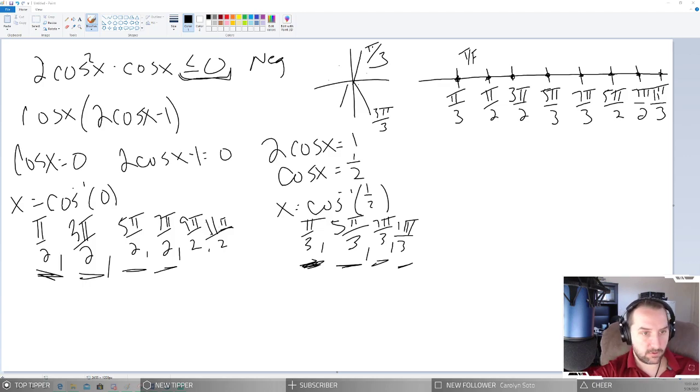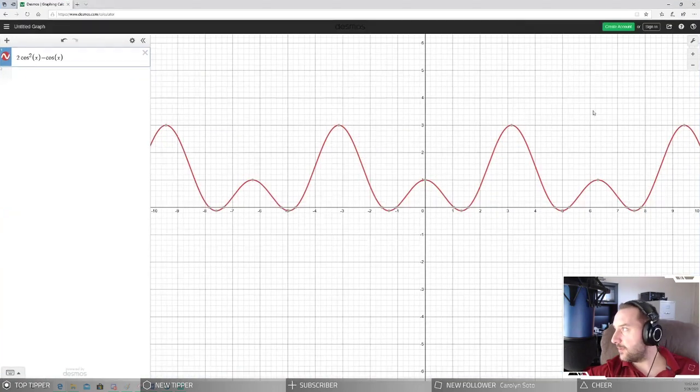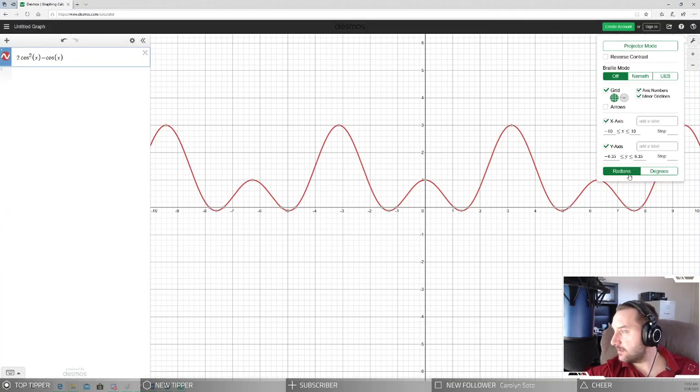So 2 cosine squared x minus cosine x. Now I'm going to switch this over to radians. Oh, it already is.